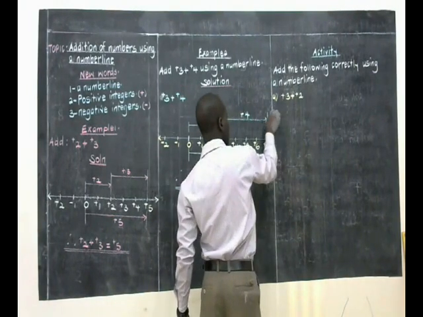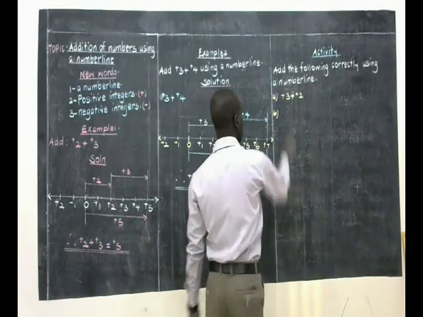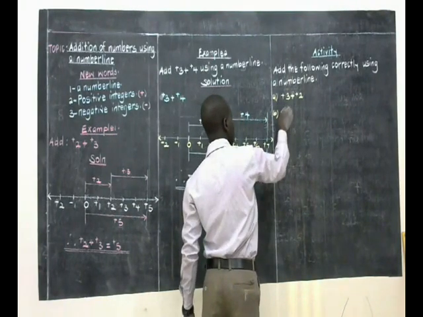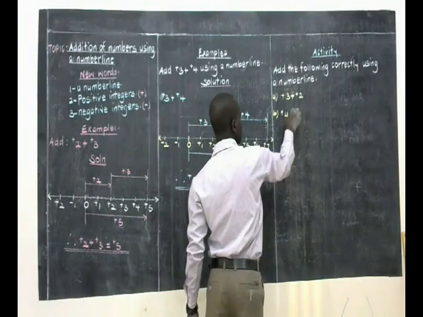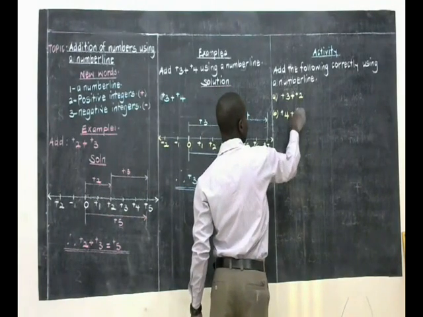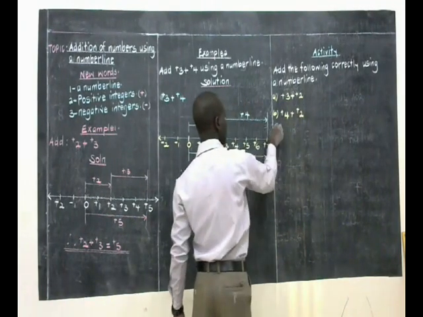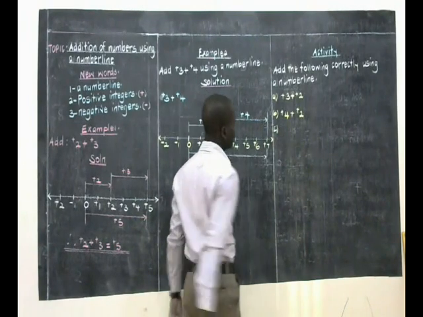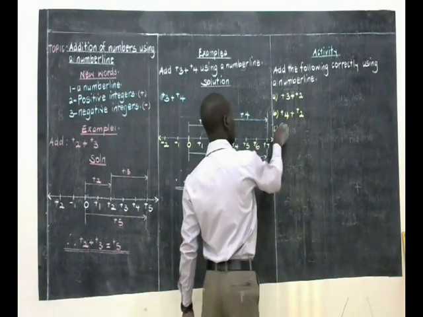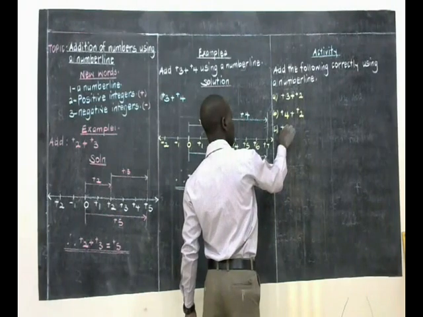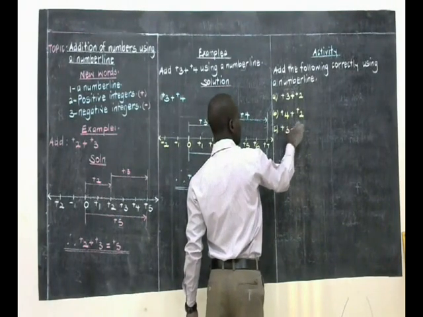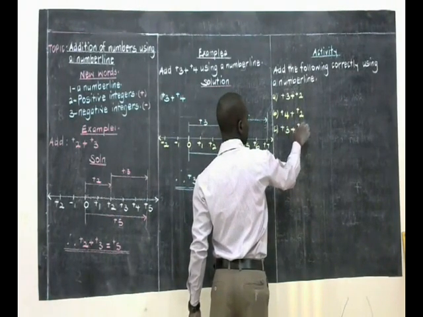B part of it is saying positive 4 plus positive 2. C part of it is saying positive 3 plus positive 6.